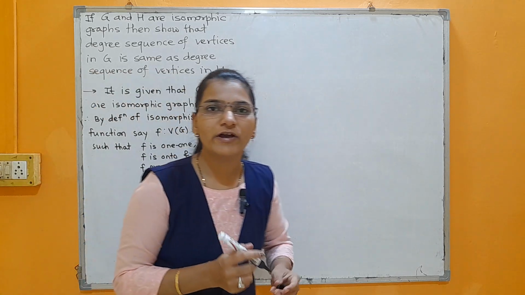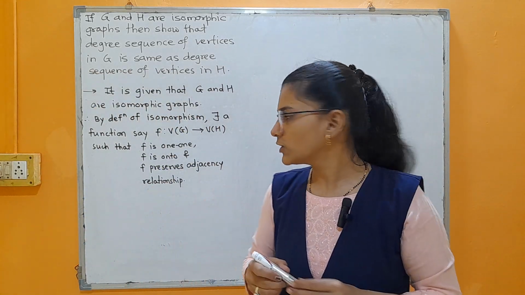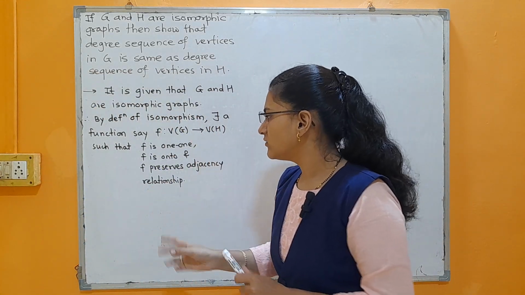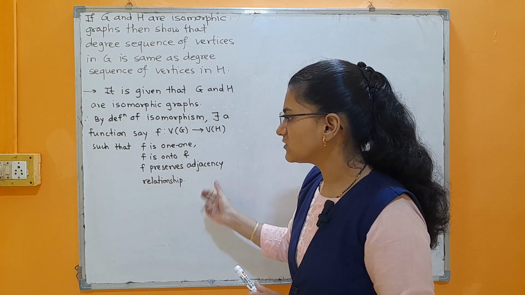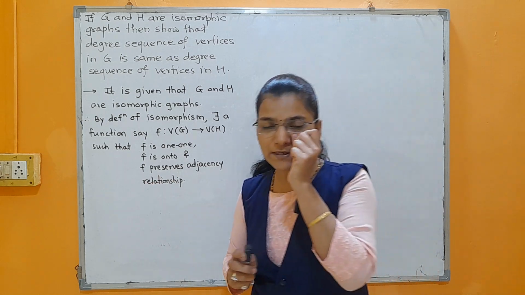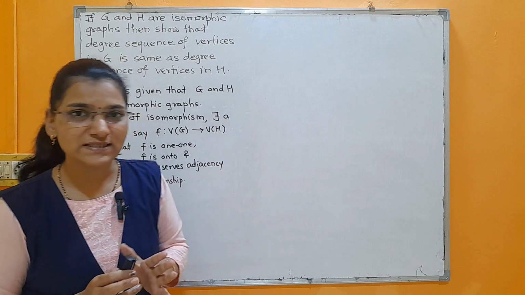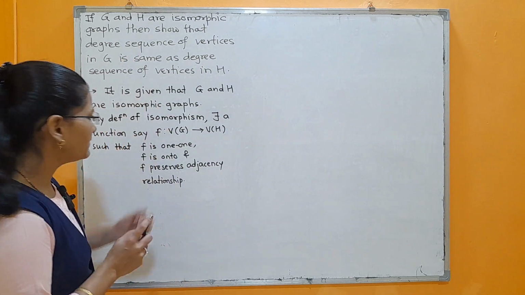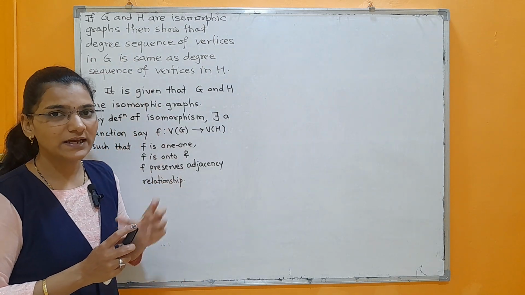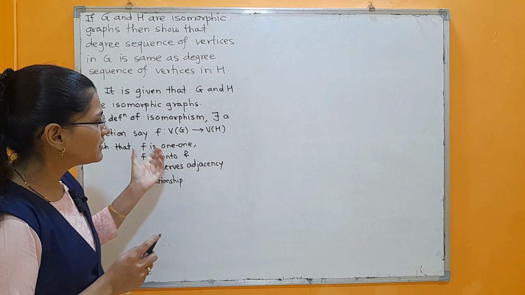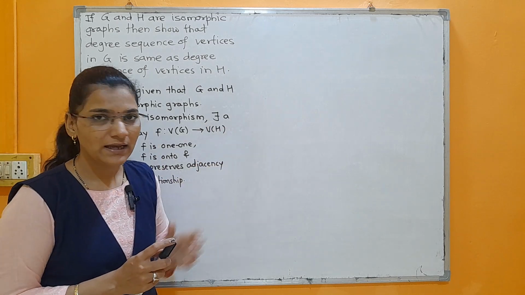So in our classroom we have discussed what is isomorphism of graphs, and you know that f preserves adjacency relationship. What does it mean? F preserves adjacency relationship means if there is an edge between any two vertices of G, then there will be an edge between the corresponding vertices in H also.